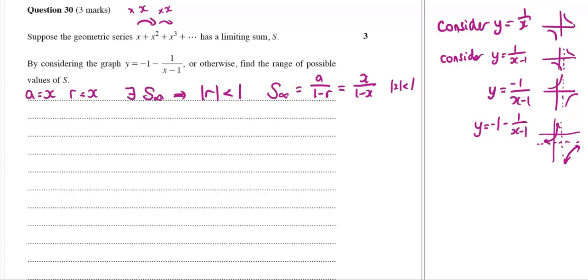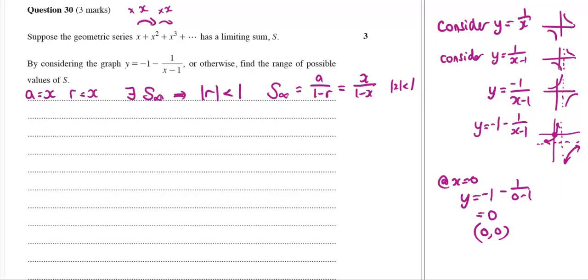So that's helpful, so I can see what the shape is that I'm considering. Notice a few things as well. At x equals 0, y equals -1 over -1, which is 1, minus 1 equals 0. So I know it goes right through 0, 0, which is helpful.